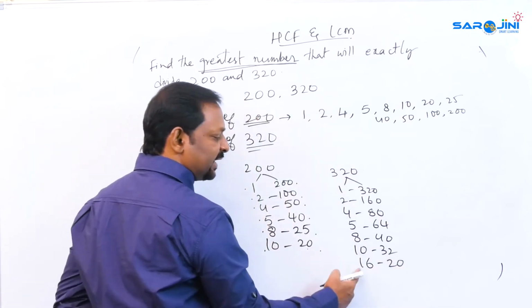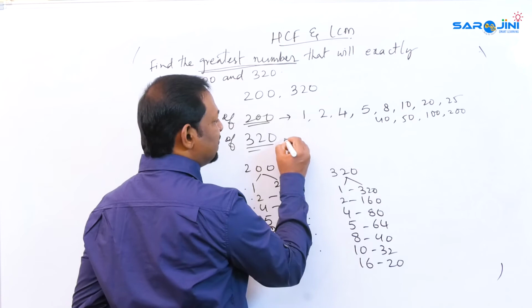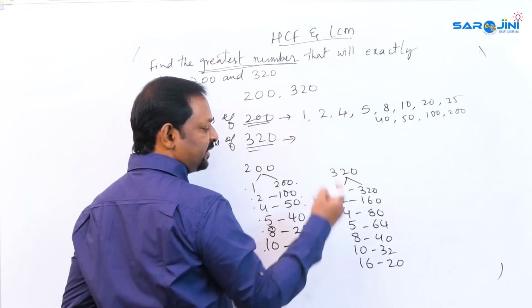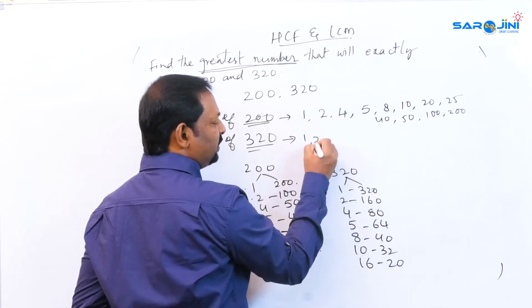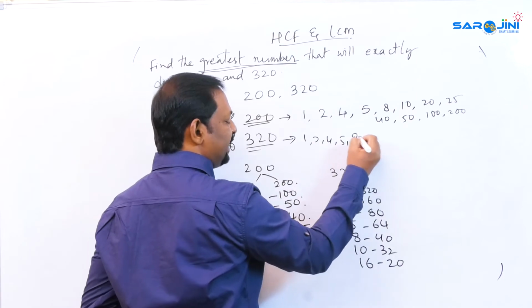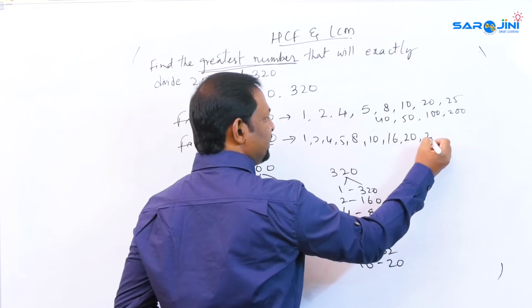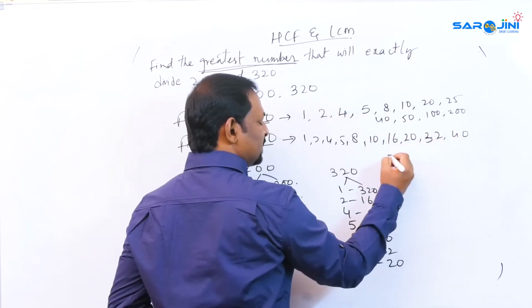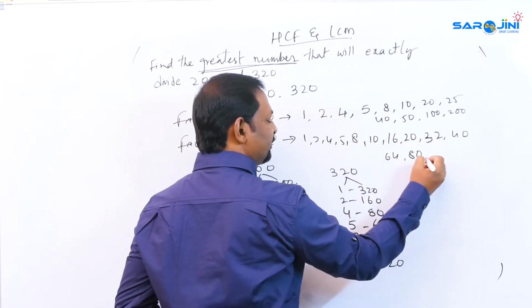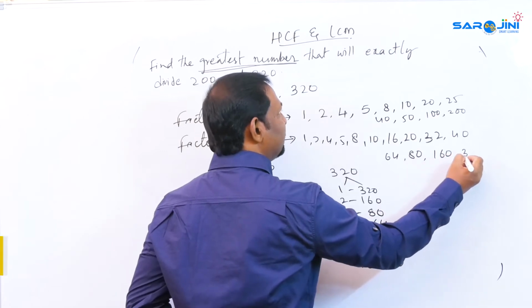So after 16 again it will come to 20. So the factors of 320 are 1, 2, 4, 5, 8, 10, 16, 20, 32, 40, 64, 80, 160 and 320.